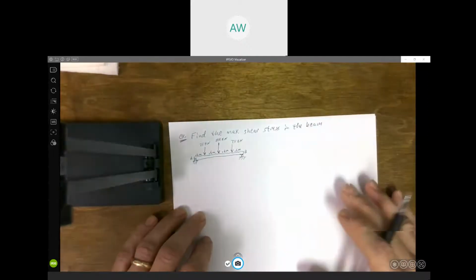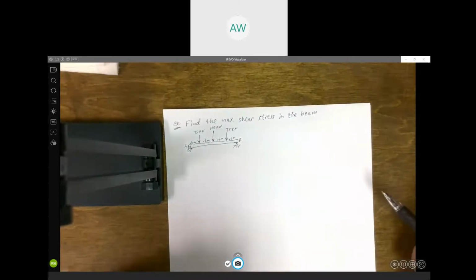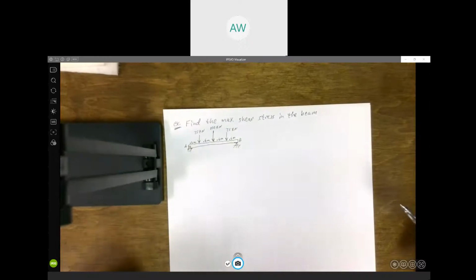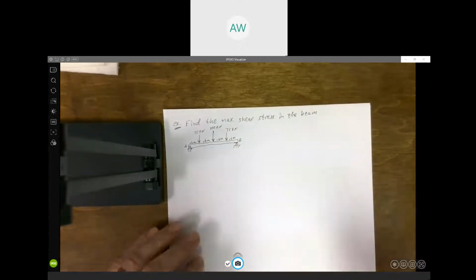So we're going to have a 2.4 meter long beam with three forces acting down on it.